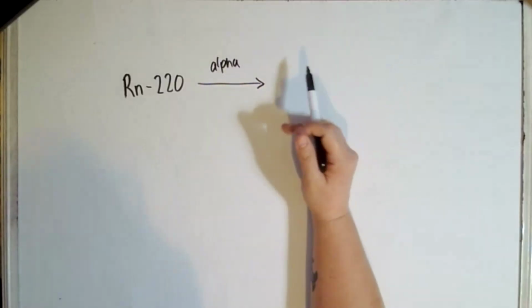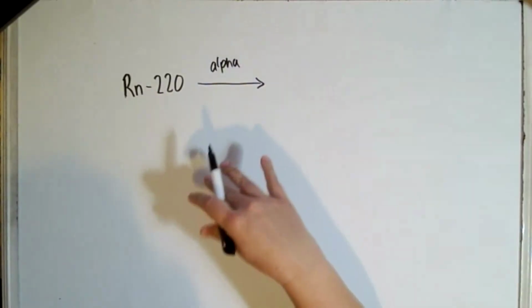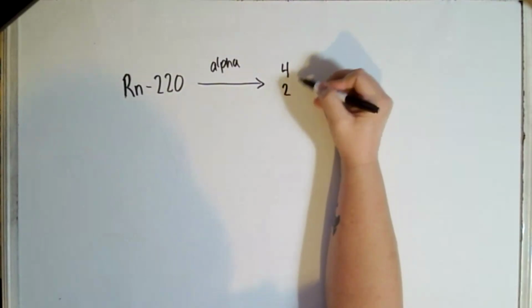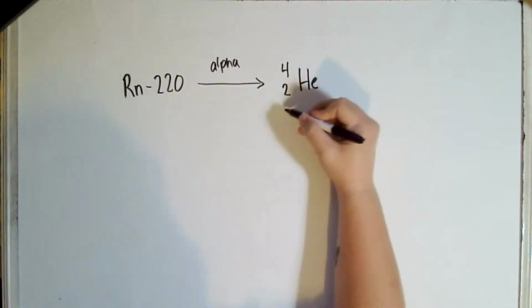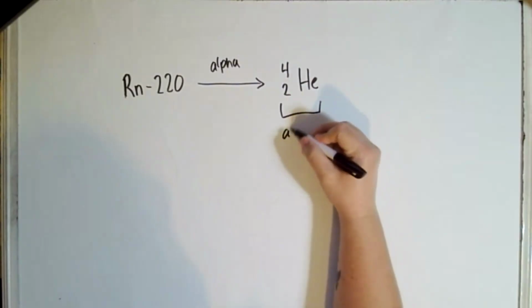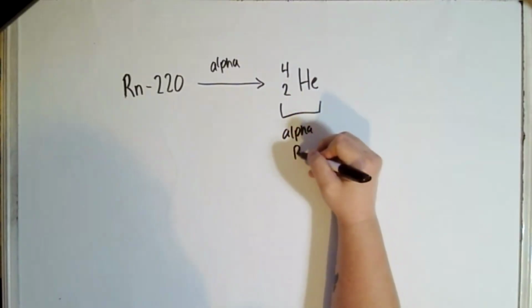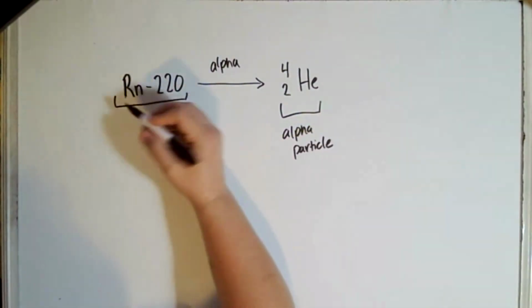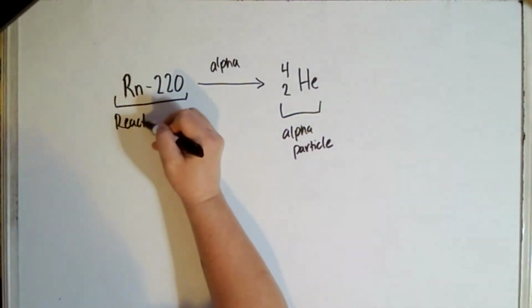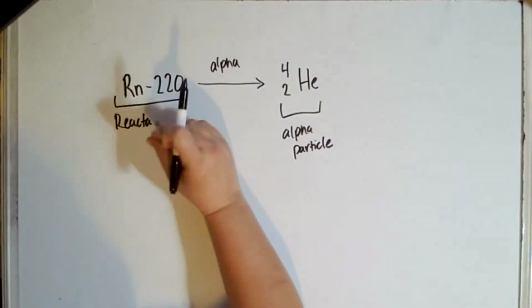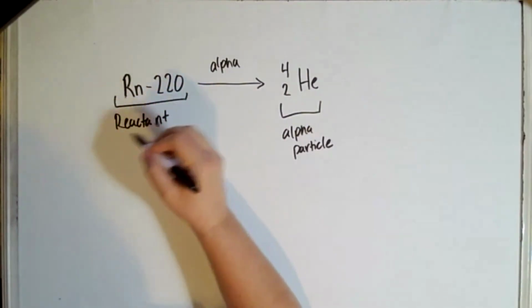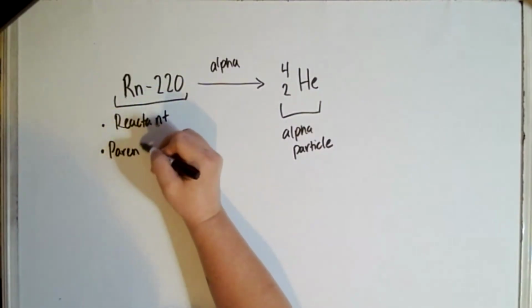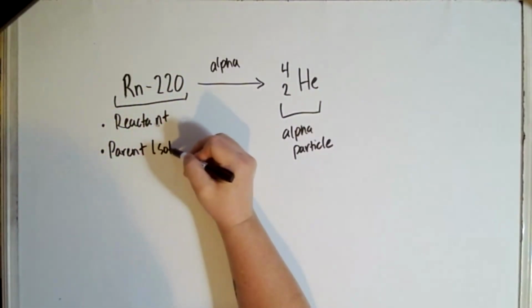You have to know the particle that goes along with alpha decay for the next part. If it's alpha decay, that means that your nucleus is going to release an alpha particle. So remember that your alpha particle looks like this. This is our alpha particle. This is going to be our reactant, or another name for the reactant is the parent isotope.